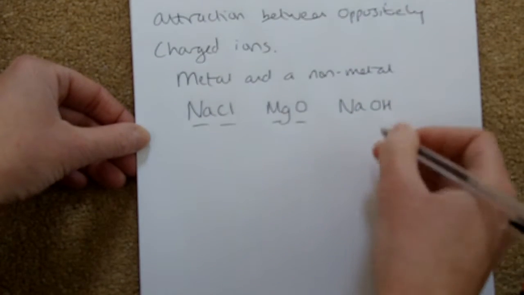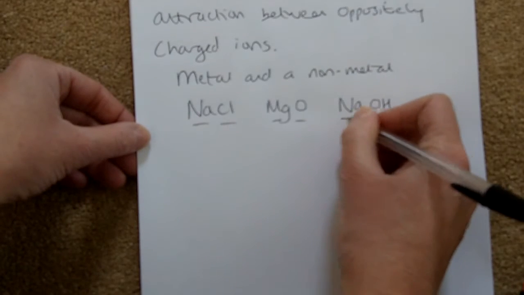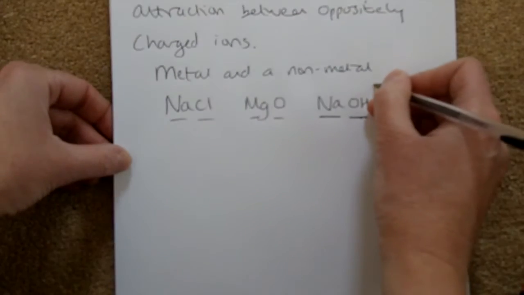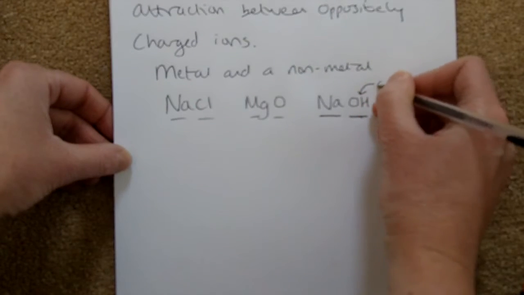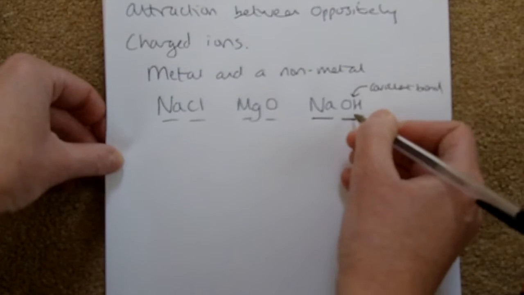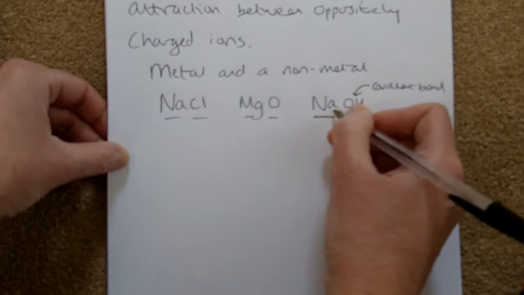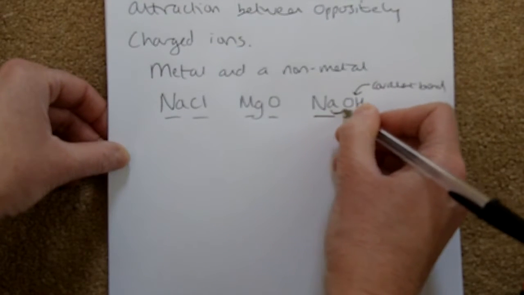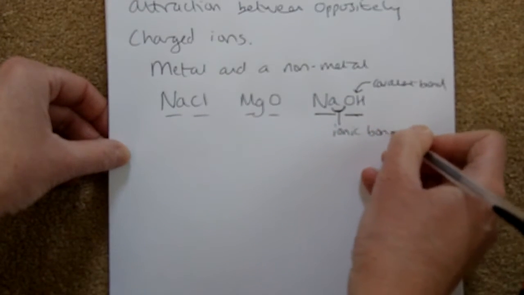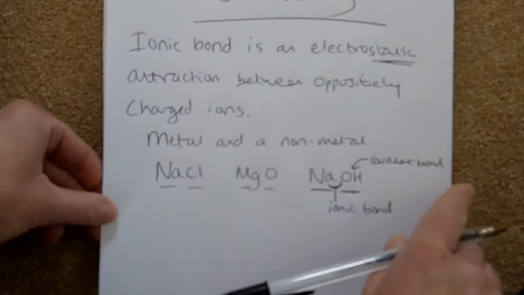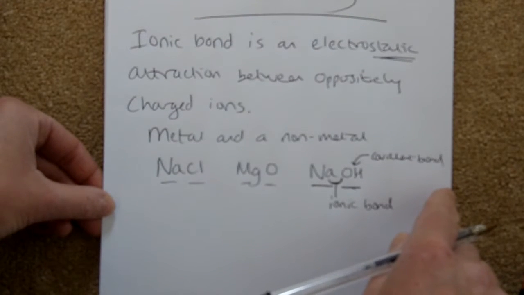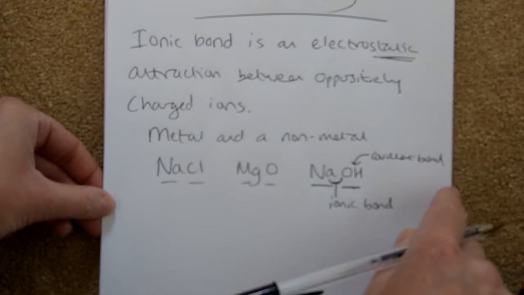Okay, there is an ionic bond between the sodium and the hydroxide, even though there is a covalent bond between the oxygen and the hydrogen. Between the sodium and the hydroxide there is an ionic bond. Okay, so the definition: electrostatic attraction between oppositely charged ions, and it's between a metal and a non-metal.